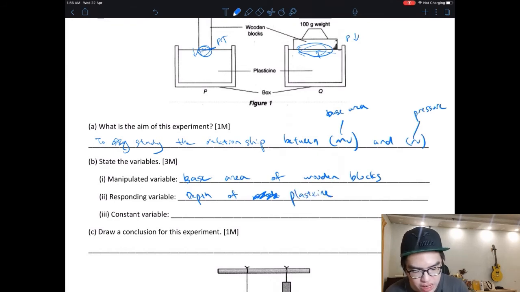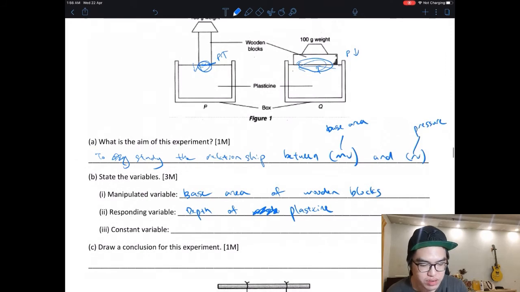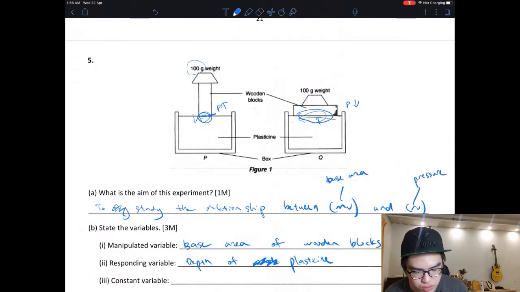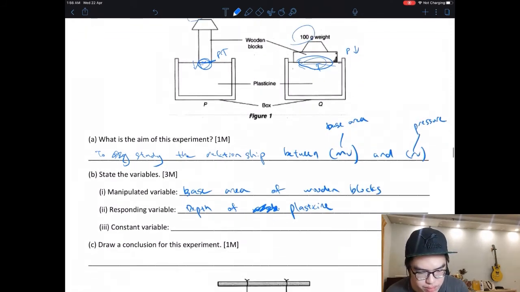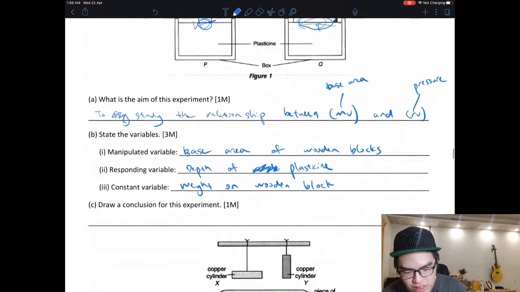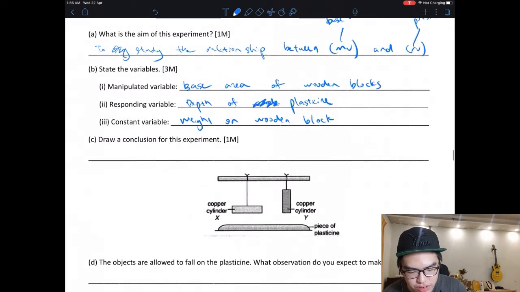Constant variable: I cannot change the weight. Can you see? 100 gram, 100 gram. So weight on wooden block, because if I change this, then I will give a different result already. So draw a conclusion: the higher the base area, the lower the pressure.